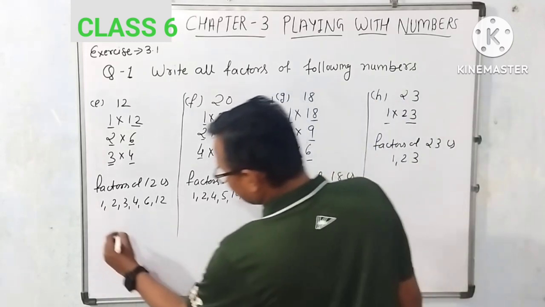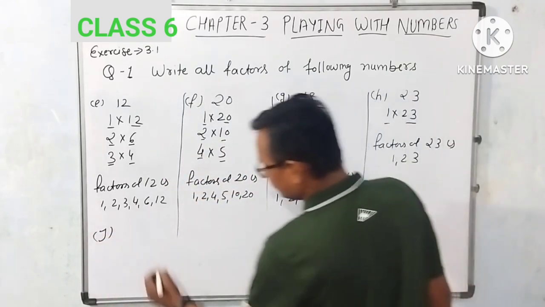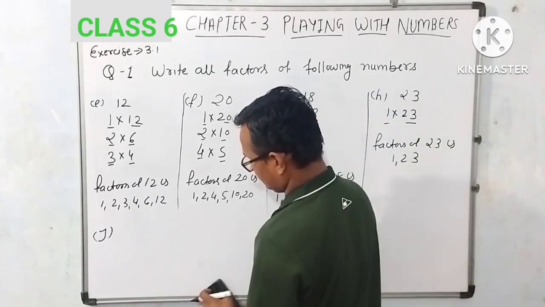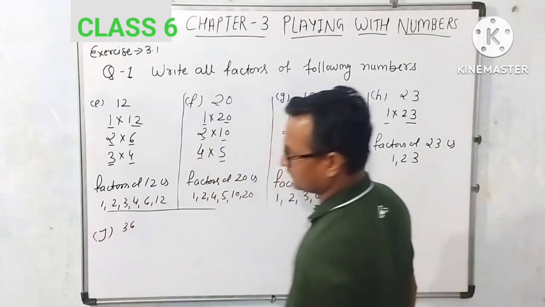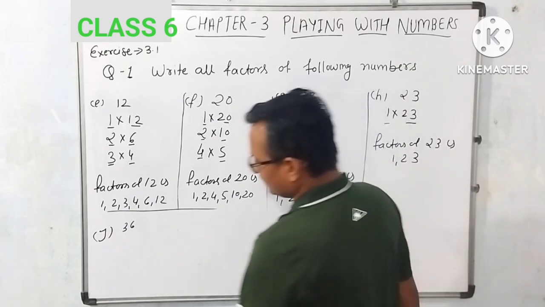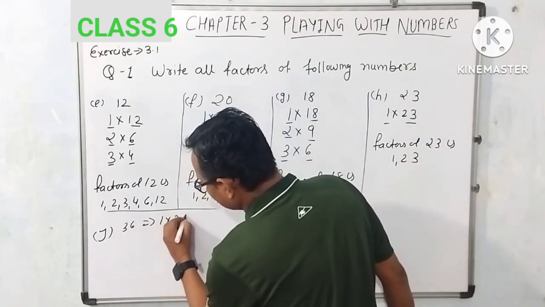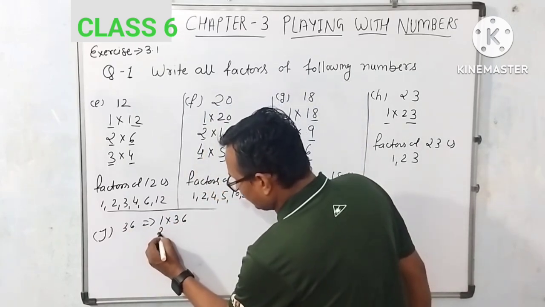And the last question, J, 36. So 36, again we have to write 1 into 36. 36 comes in the table of 2, so you can write 2 into 18.